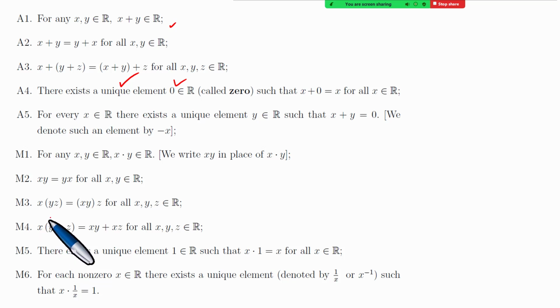You're able to see that up to the third axiom, we have the same order, and we have associativity there up to M3 in the same way as A3.